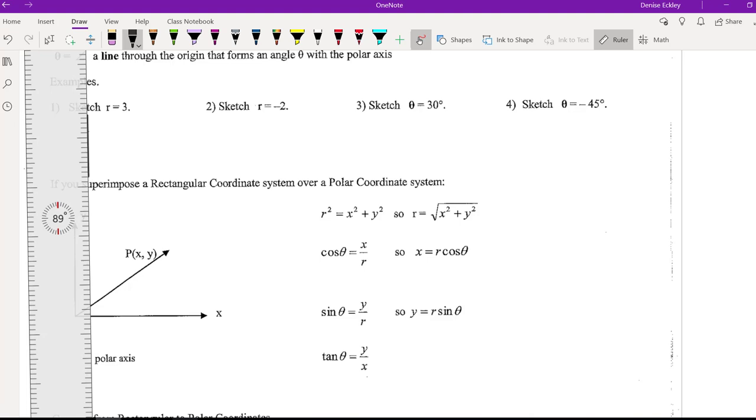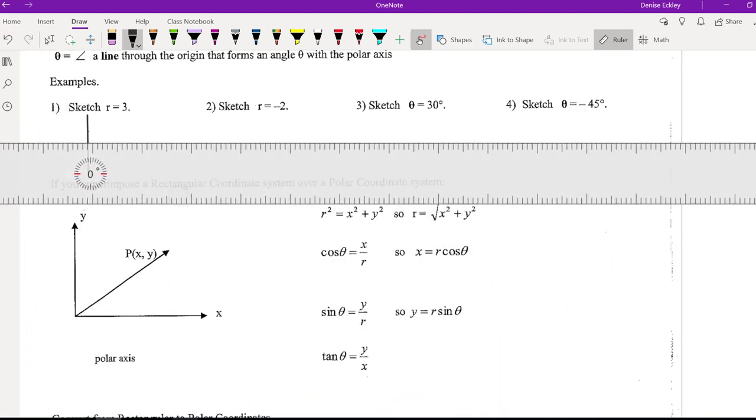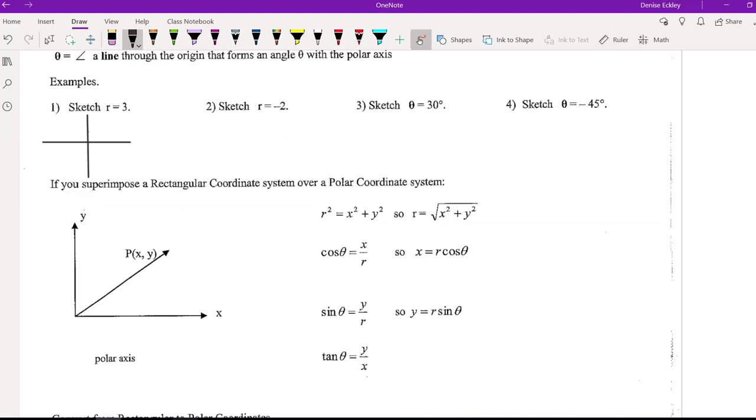We're going to have a circle with a radius of 3. So it'll look like this, because it could have any angle.